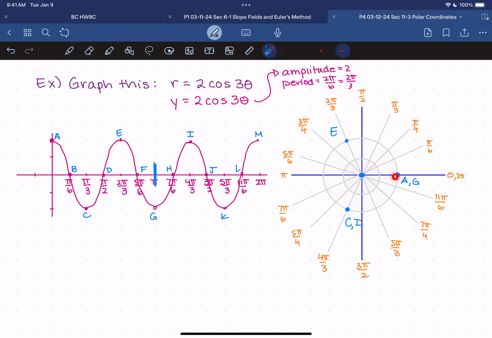So it looks like I'm going to go from A to the origin, to C, back to the origin, to E, back to the origin, and no, I'm obviously not doing just this, because the question is, how am I getting from A back to the origin? Do I go straight? Do I go along a circle? What am I doing?